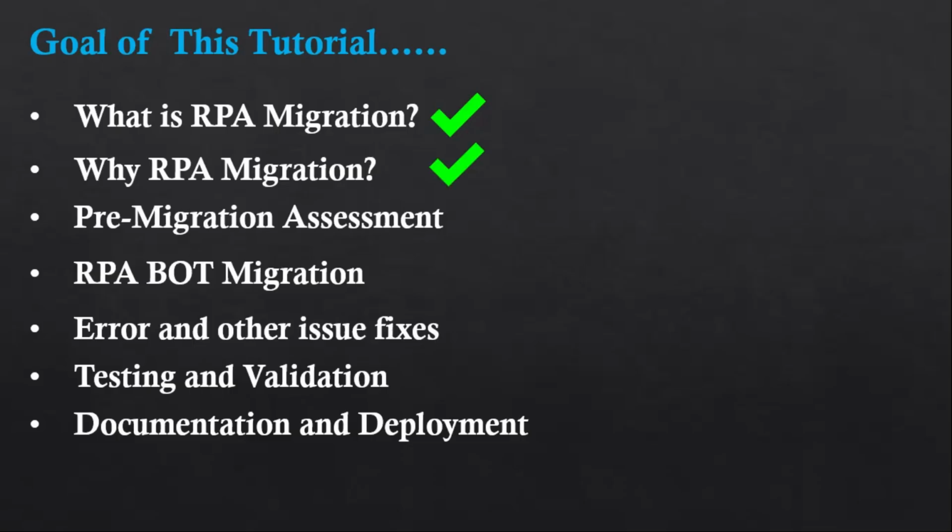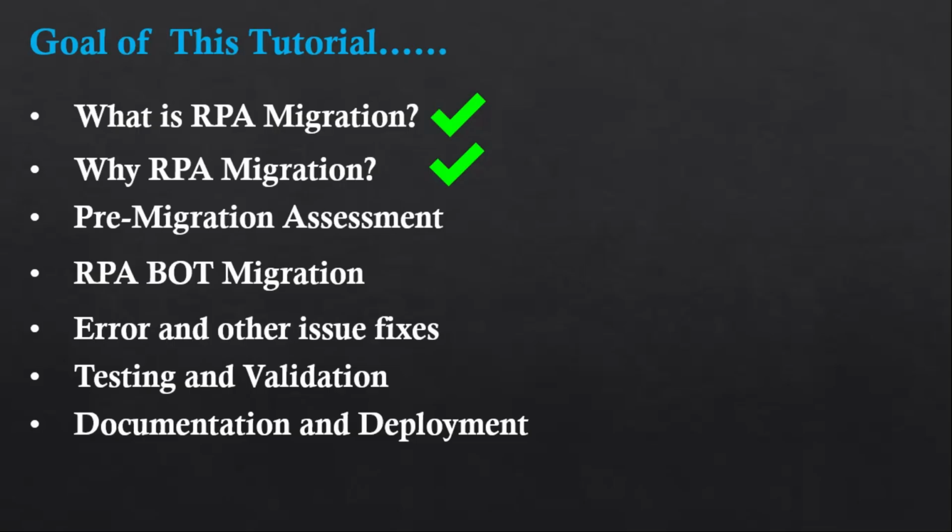The next one is the pre-migration assessment. Let's say you have decided to migrate your bot from your current RPA service provider to, let's say, Power Automate. It is always recommended to do some assessment or analysis of your existing bot. Let's say you have a super complex bot that runs once a month or once a quarter.